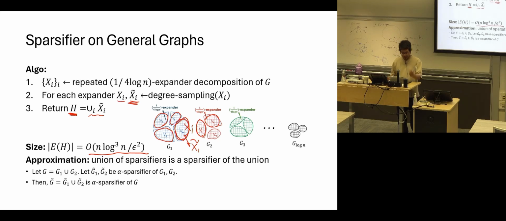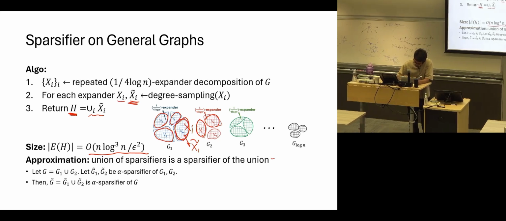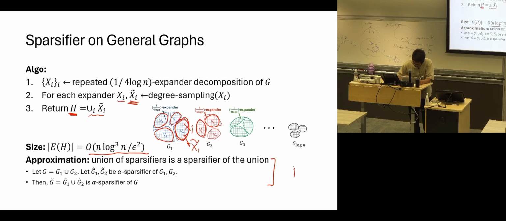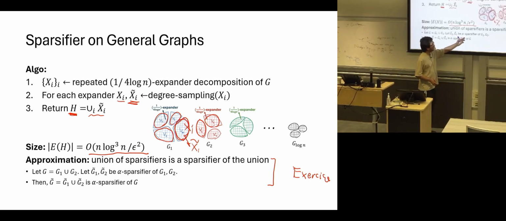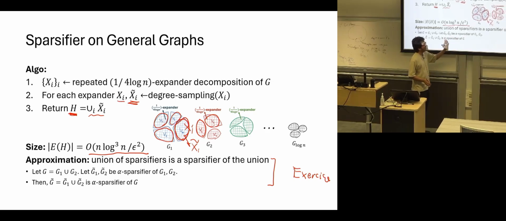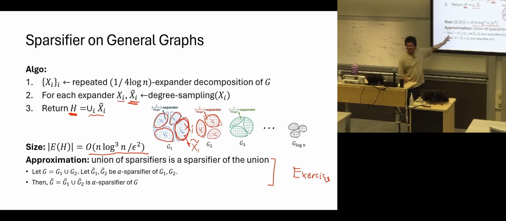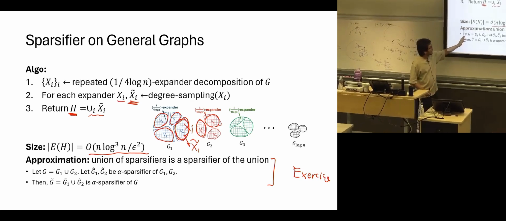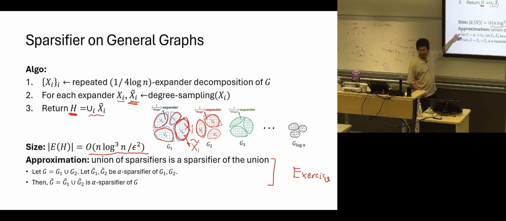The reason is just an exercise, but the idea is this. If I say it in one sentence, the union of sparsifiers is a sparsifier of the union, but if I say it quickly, it doesn't mean anything. So let's look at this. This is true in general.